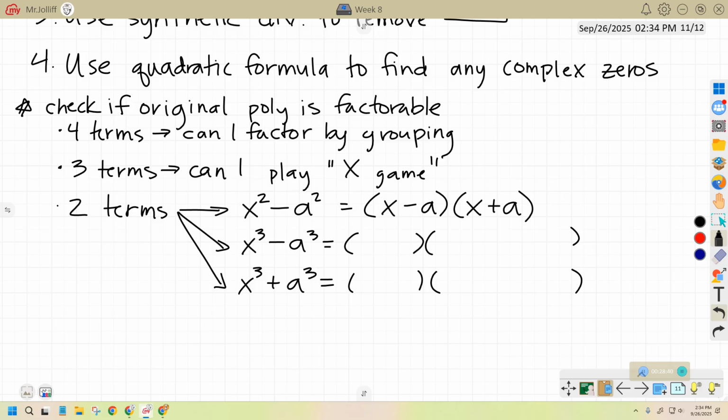So if it's a difference of cubes, it is x minus a times x squared plus ax plus a squared. If it is a sum of cubes, it is x plus a, x squared minus ax plus a squared.